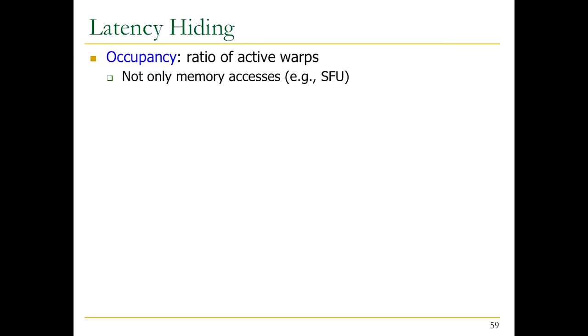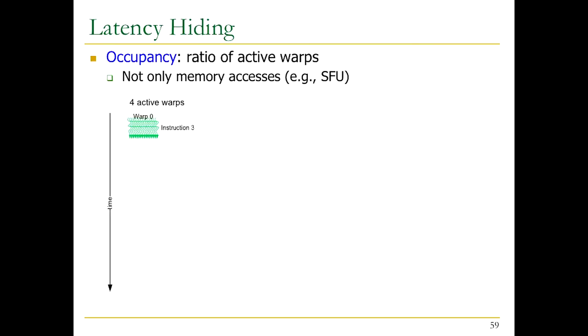So for the latency hiding, as I said, what we are going to exploit is the multithreaded execution, the fact that we have several warps running at the same time in each of these shader cores, and the fact that we are able to issue one of these warp instructions every cycle.